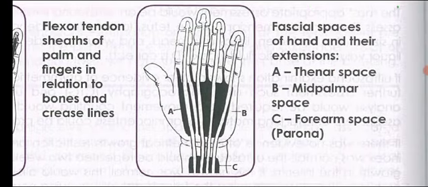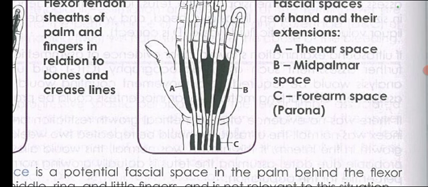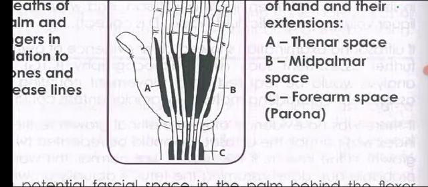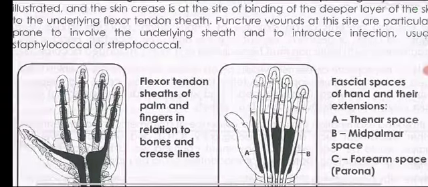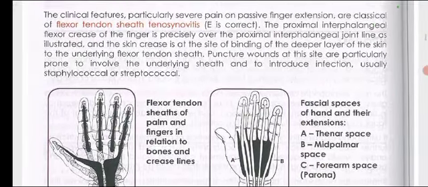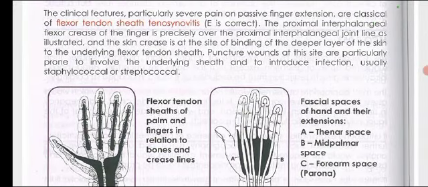Fascial spaces of the hand and their extensions: the thenar eminence, thenar space, mid-palmar space, and forearm space. So this is flexor tendon sheath tenosynovitis.